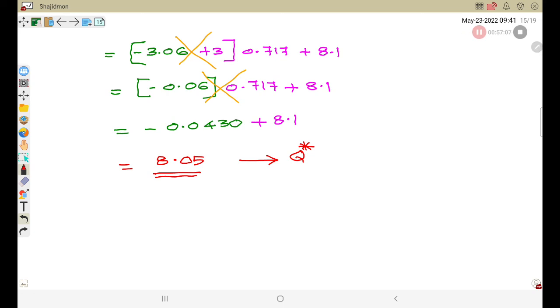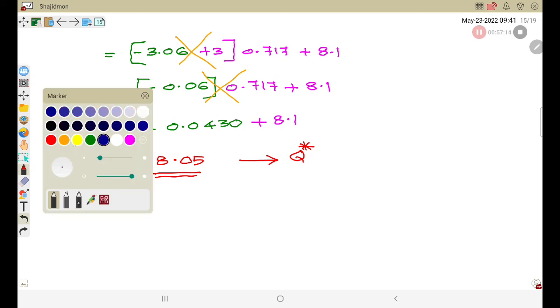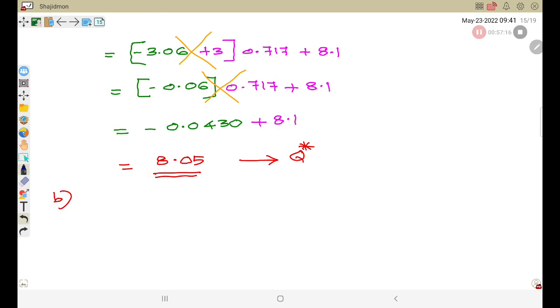I hope it is clear to you. You can practice using a calculator. Now we will go to part B of the question: find the absolute error. Absolute error equals the absolute value of P minus Q star, because we used the nested method. The exact P number is 8.04822074, as given in the question.